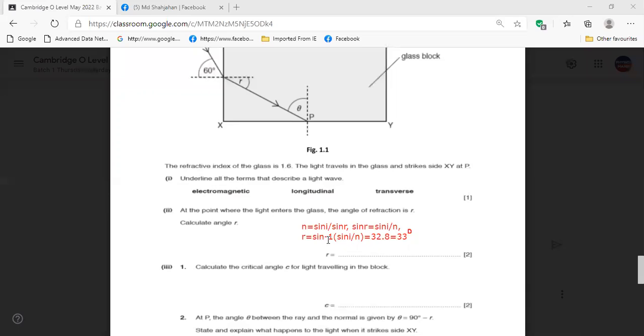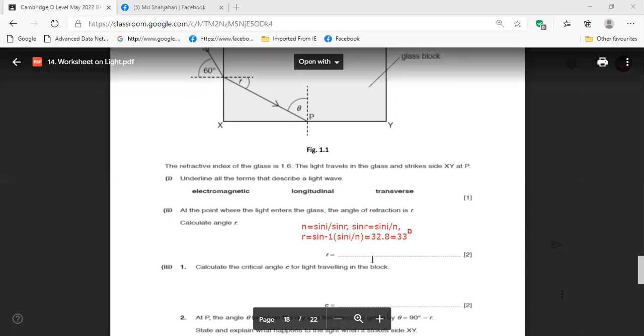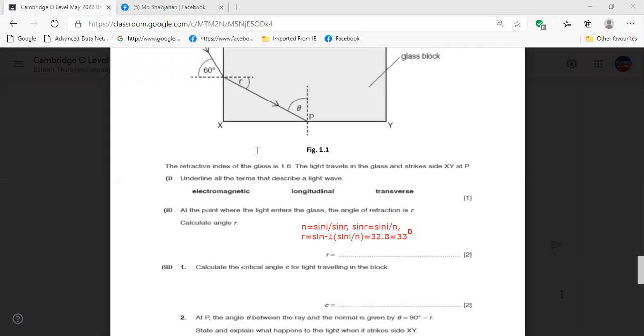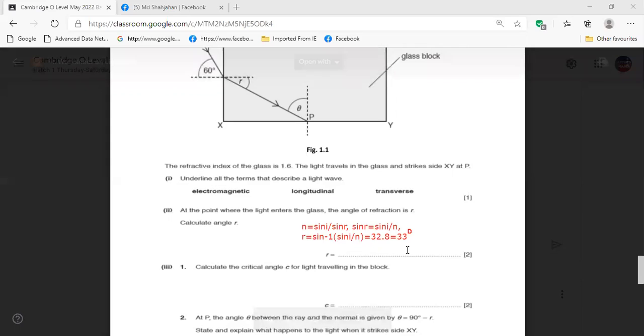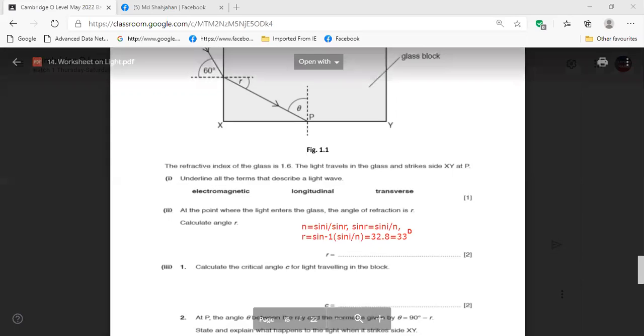It comes sine inverse of sine I by n by rearranging. Then we put the values: sine I means sine 60 degree, angle of incidence, and n is the given refractive index 1.6. Then we got this answer. Is it okay, Mahi?